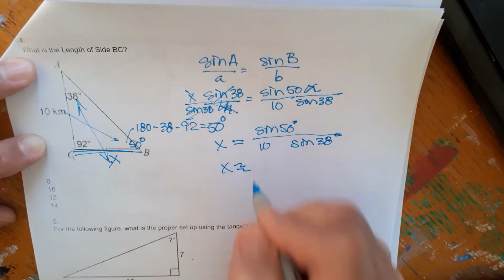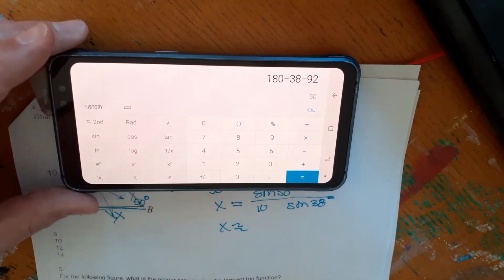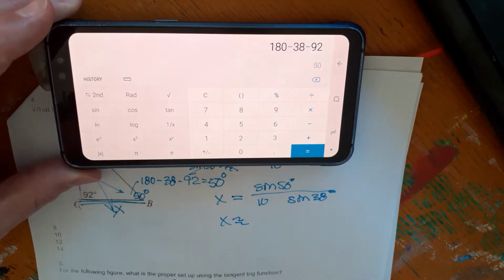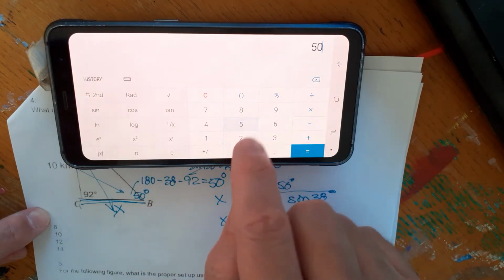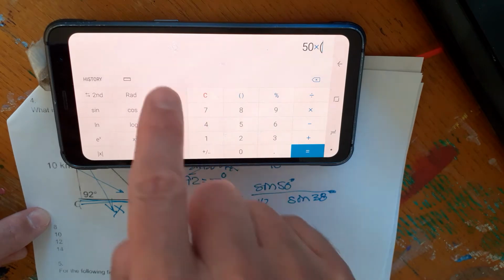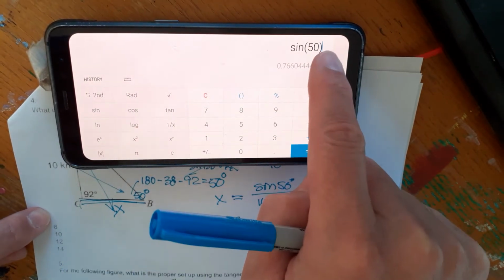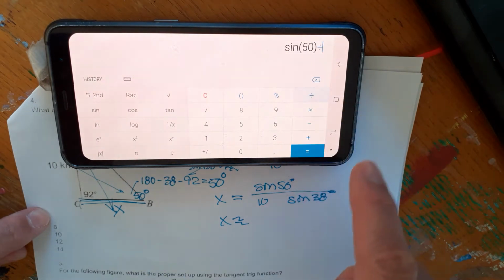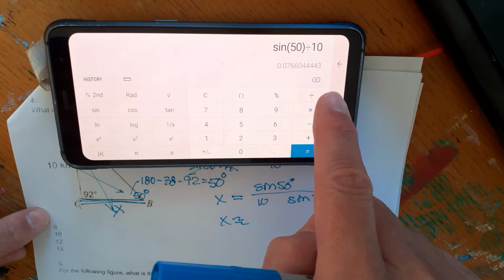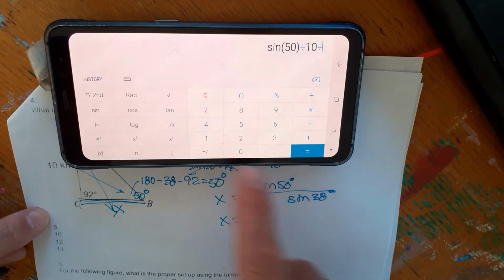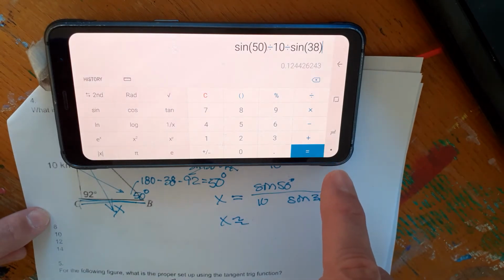We're going to get x is approximately equal to, clear this out, sine 50, close the parentheses, divided by 10, also divided by sine 38, sine 38 parentheses.